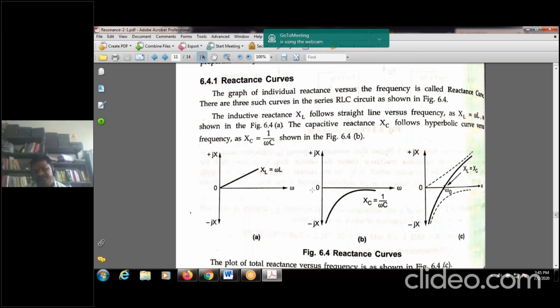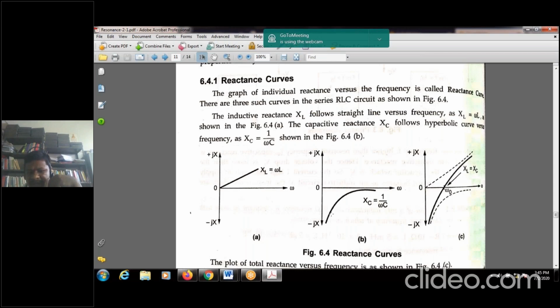And coming to the capacitor, XC is equal to 1 by omega C. That means at zero frequency, 1 by 0 is equal to infinity. The reactance is very large. As frequency slowly increases, this will decrease, right?